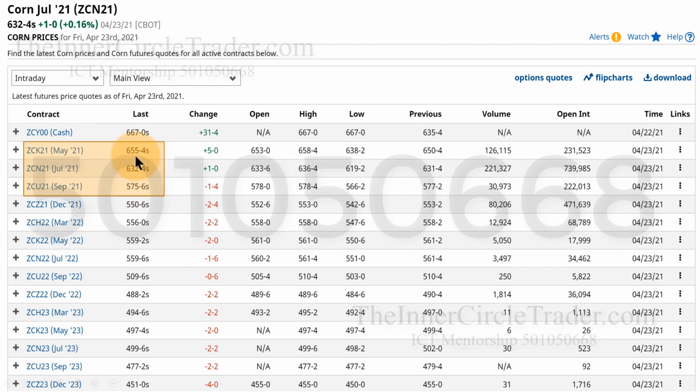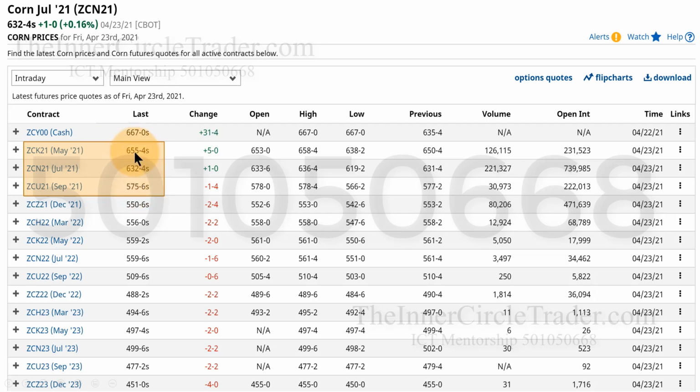$6.55 a bushel, $6.32 a bushel, $5.75 a bushel. Prices are going lower in the future, and they're more expensive as you are closer to real time. So if this is the nearby contract, this should be cheaper than this one, and this one should be cheaper than that one.